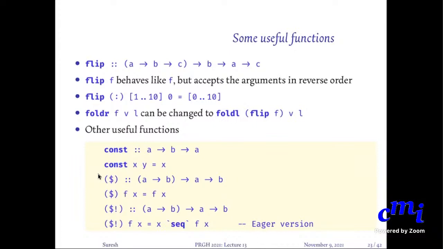And then dollar we have already seen: instead of writing f and some expression within parentheses, you can write f dollar x. Any of these operators, you can always put in parentheses and put in between. And like dollar, you can use dollar bang, and dollar bang will do the eager version. I'm just telling you because it is there. Don't worry about it.